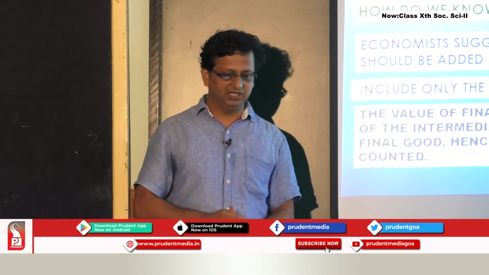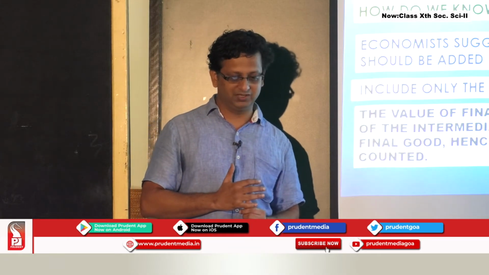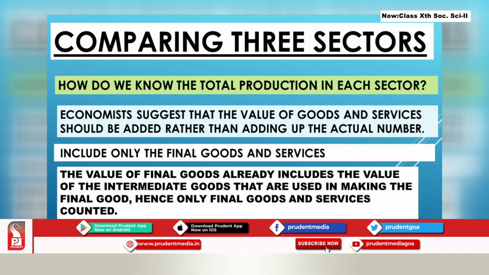So rather than adding up numbers, we should add up the value. And when we add up the value, we should take the value of the final goods and services.